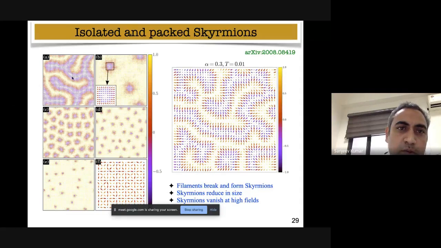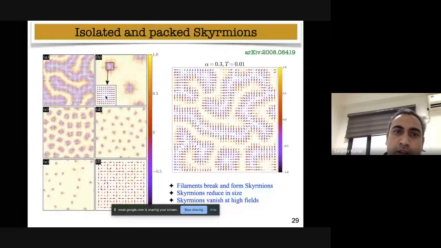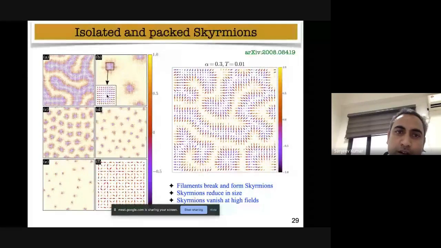Remember, this was the magnetic pattern in the absence of a magnetic field. When you apply a field, these filaments break into such objects. This is a zoomed in version. You have a central spin pointing down. The next set of arrows, at a certain radius, are going down and inwards, so their planar component is becoming finite.